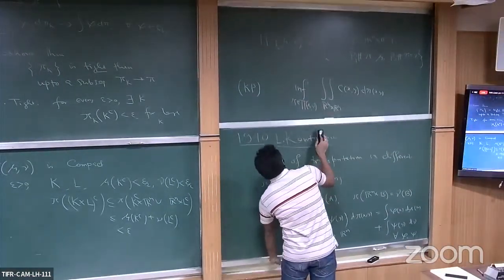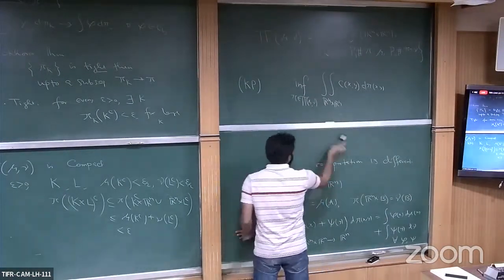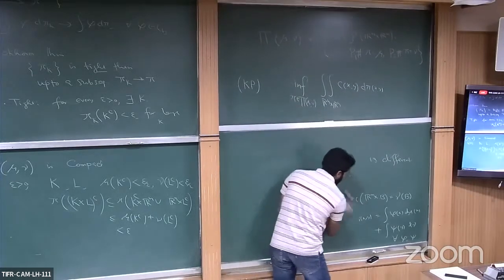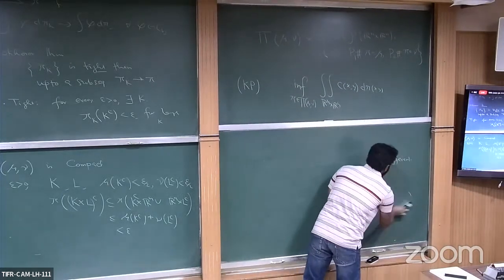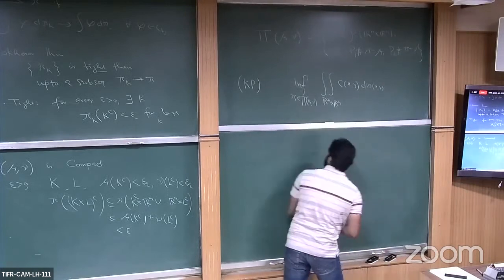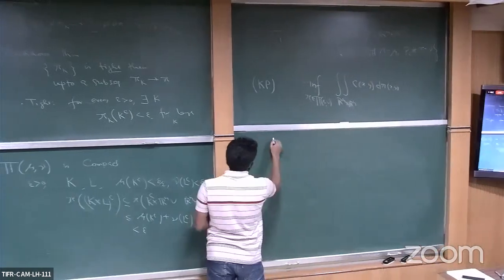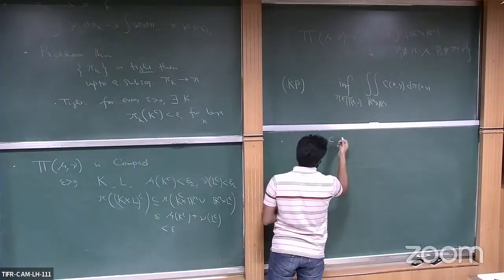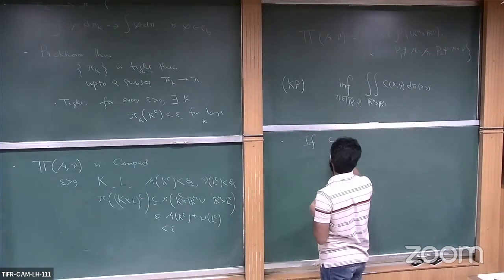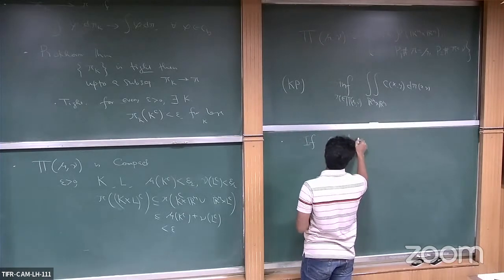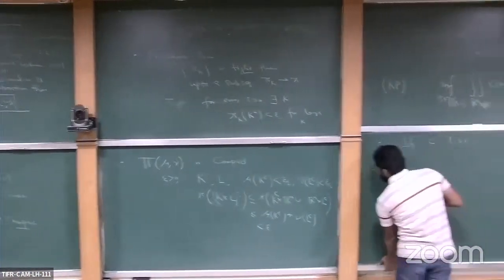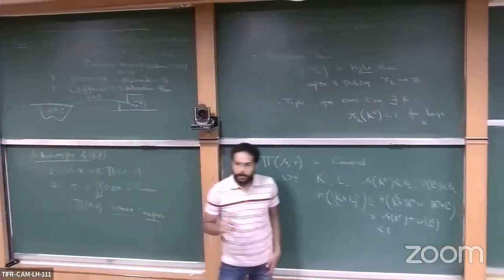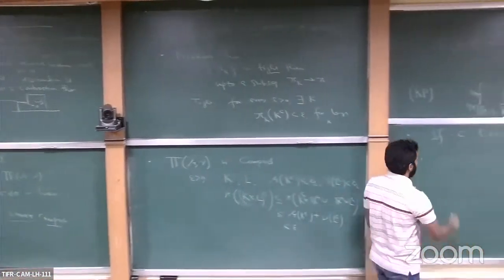Okay? But more generally, what you can prove is that this is a very weak assumption. So I'm assuming C is non-negative. So if I assume that C is only lower semi-continuous, of course, as I mentioned, if it is continuous, then this integral is continuous, right?